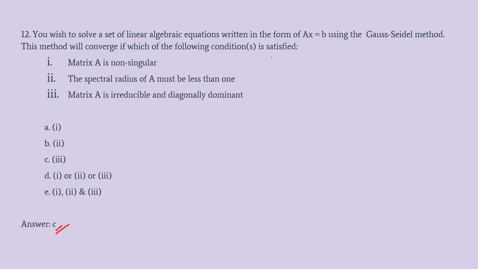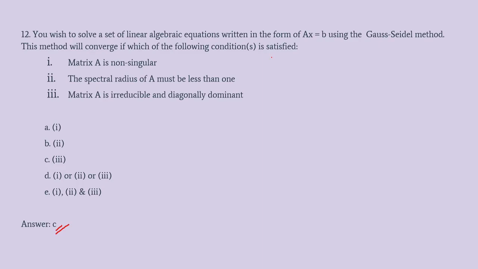And since option C, which is number 3, says that matrix A is irreducible, that encompasses the point in 1 that is given. And the second criteria is that it should be diagonally dominant, because in Gauss-Seidel what we see is that the diagonal element should have the largest value. So that's a criteria for solving with the Gauss-Seidel method. And also the spectral radius of A must be less than 1.